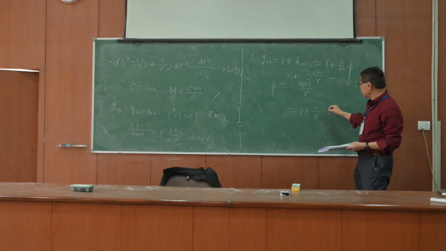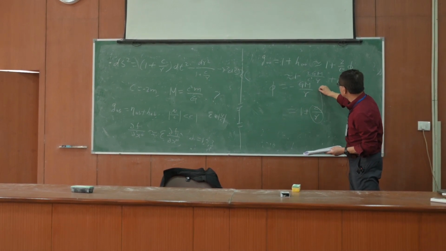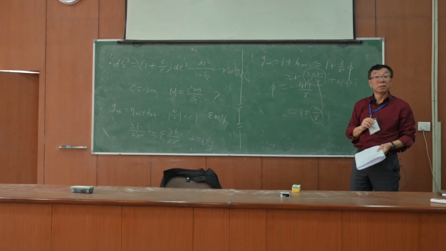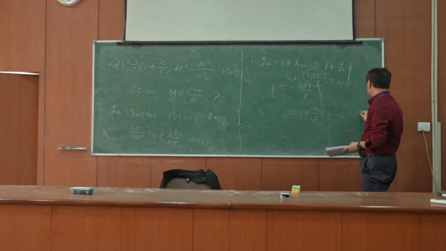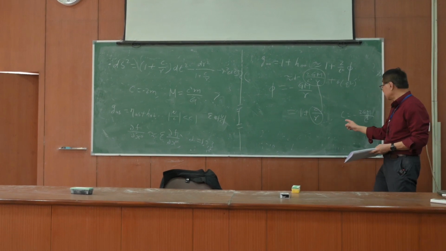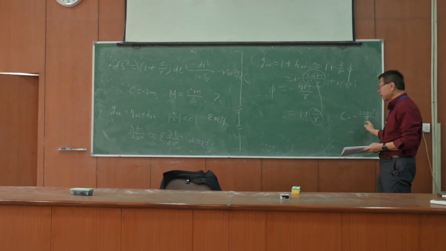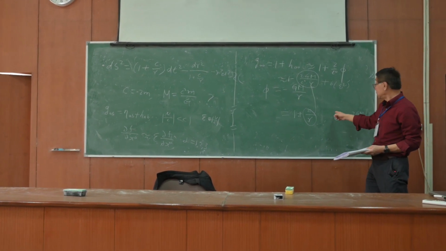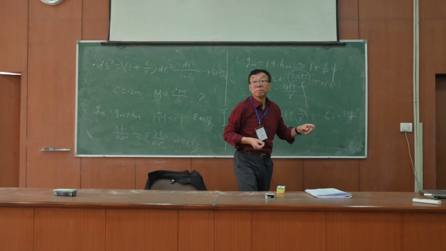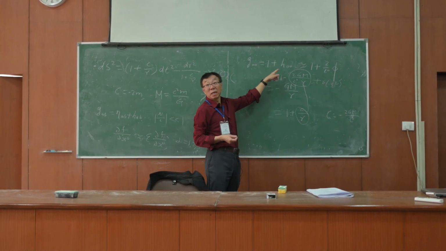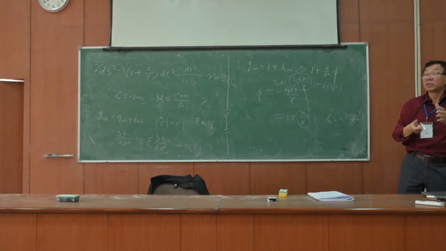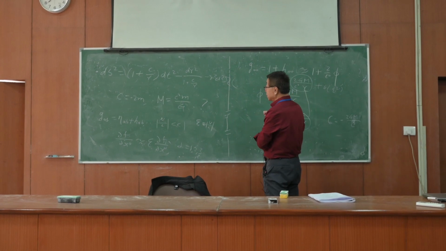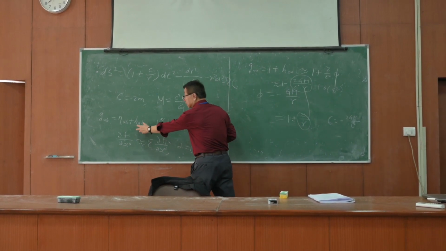This is the way to get it. So you can see this exactly gives me this one. This tells us the capital C equals minus 2 G M over c squared, where small c is the speed of light. So this is the way we determine the constant, using the correspondence principle. We have two conditions: this is one condition, this is another one.